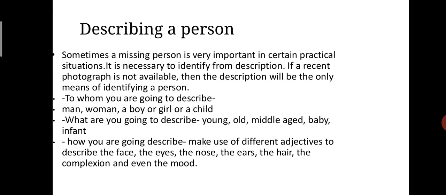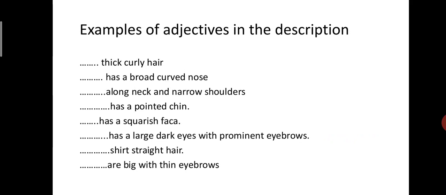Make use of different adjectives to describe the face, the eyes, the nose, the ears, the hair, the complexion, and even the mood. See, what are the important features to describe a person, and how? What are the important questions? To whom are you going to describe, what you are going to describe and how you are going to describe. Complete your description of a person.